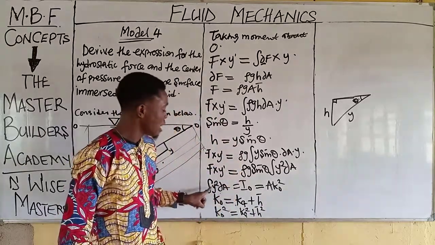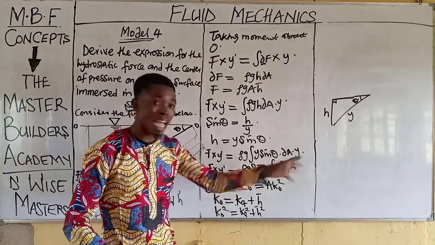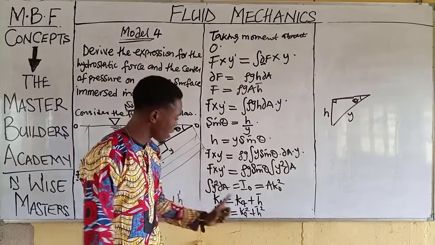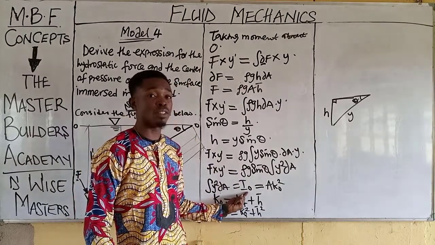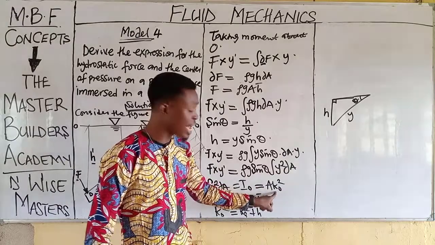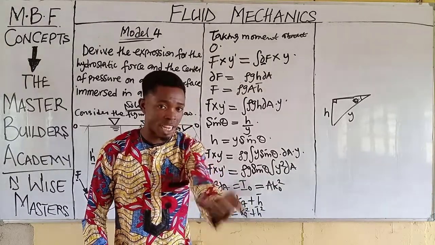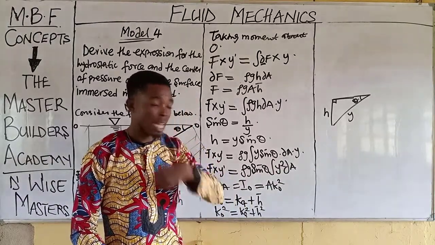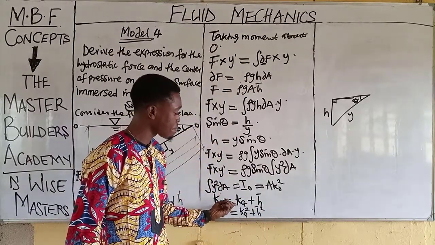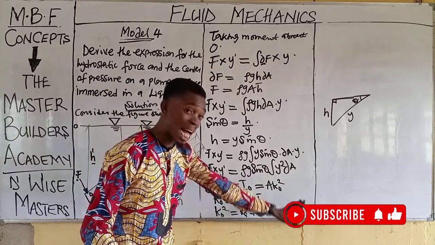So like I said earlier, when we integrate y squared dA, it is the second moment of area, which is equal to I naught, which is equal to A k naught. This k is the radius of gyration, and it is given as kg plus h bar.